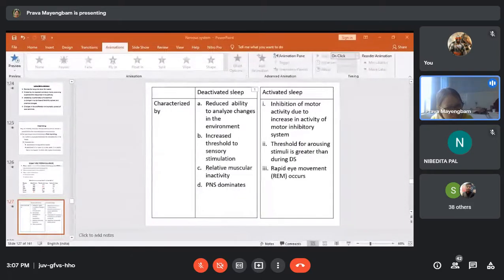That means the motor inhibitory system is more than the motor excitatory system. And the threshold for arousing stimuli is greater than in the deactivated sleep. And here, rapid eye movement, also called REM sleep, occurs.